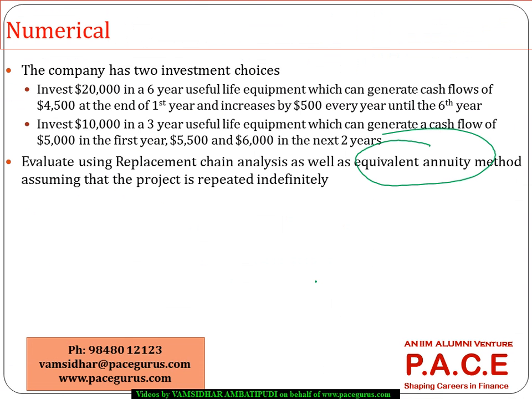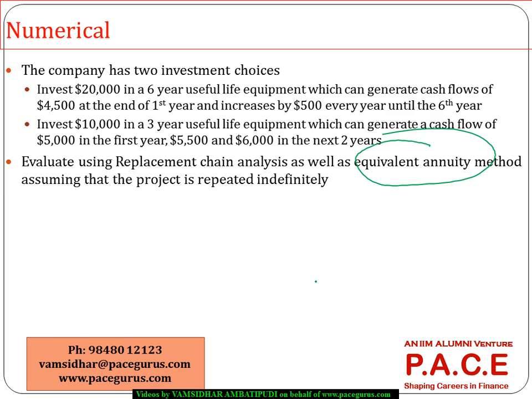So especially when we are dealing with two different equipments or two different capital budgeting decisions, where the projects have unequal lives but are expected to recur for an indefinite period, I can use the least common multiple of the lives and repeat the same process until those number of years are met, or with one single period's NPV itself compute the annual equivalent value.